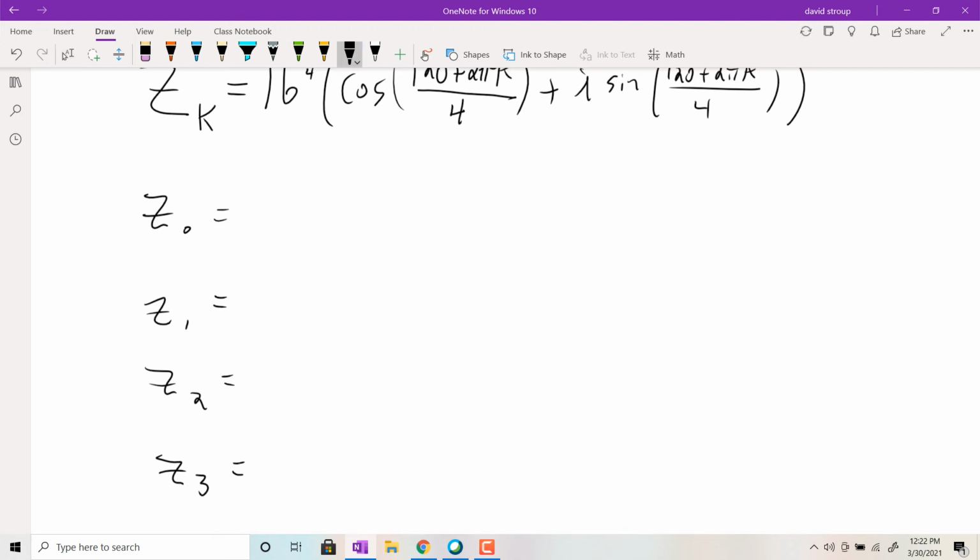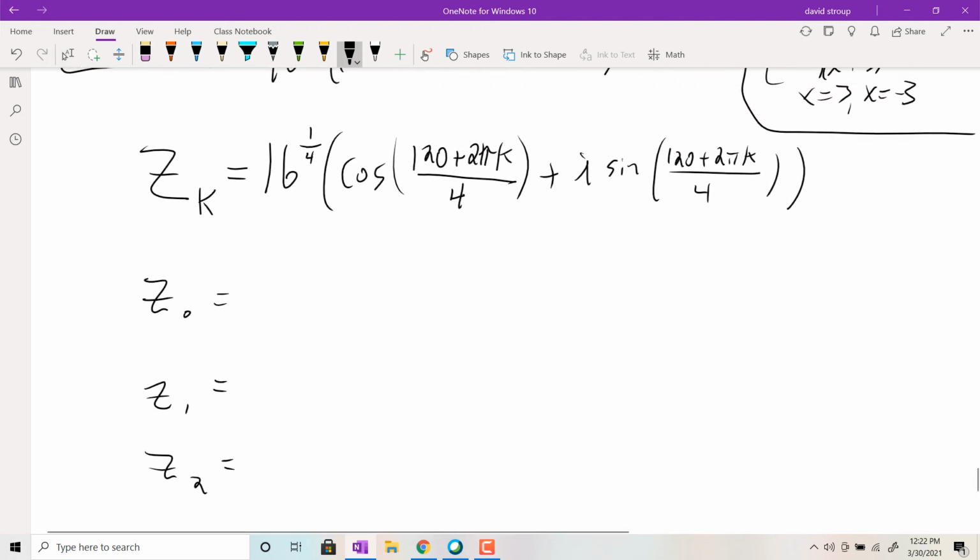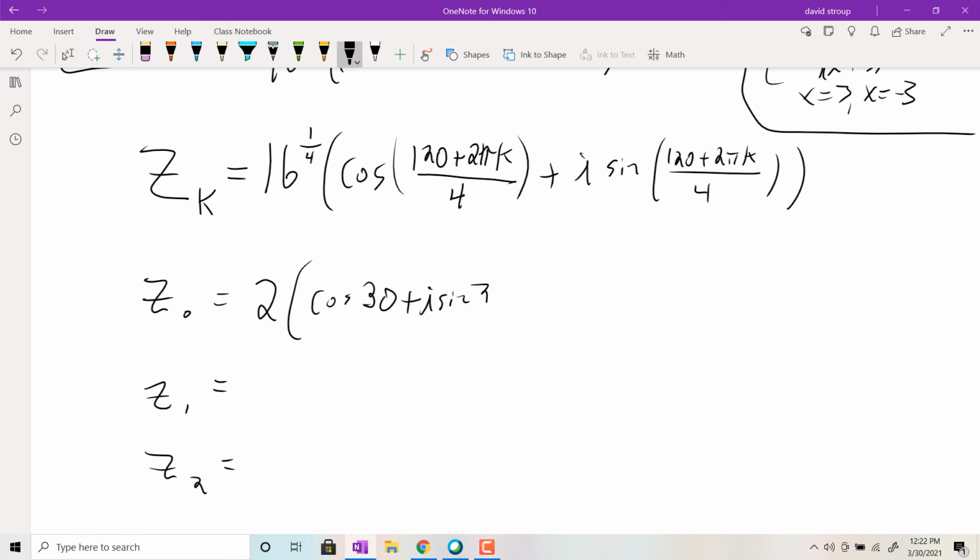Okay, so z0. 16 to the 1/4, by the way, is 2. 2 times 2 is 4, times 2 is 8, times 2 is 16. So 2 to the 4th is 16, so 16 to the 1/4 is 2. Then we have cosine of 120 plus 2 pi times k. k is 0, so you have 120 all over 4, so it'll be cosine of 30, and then plus i sine of 30.